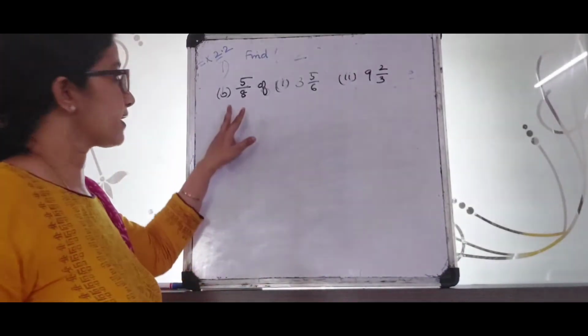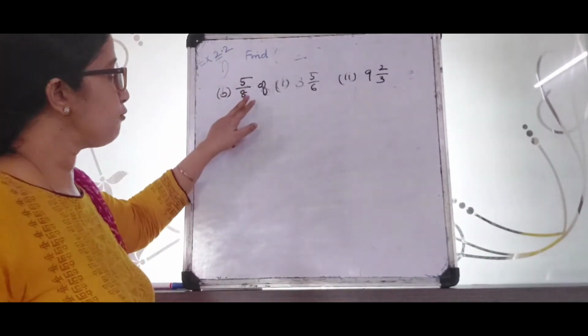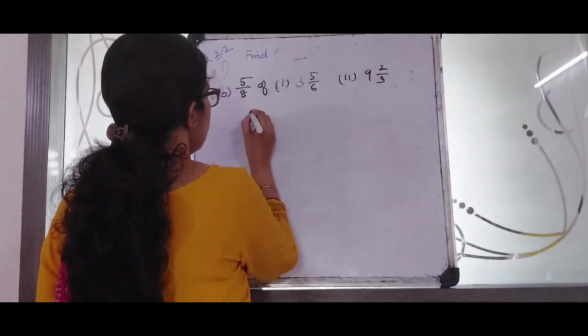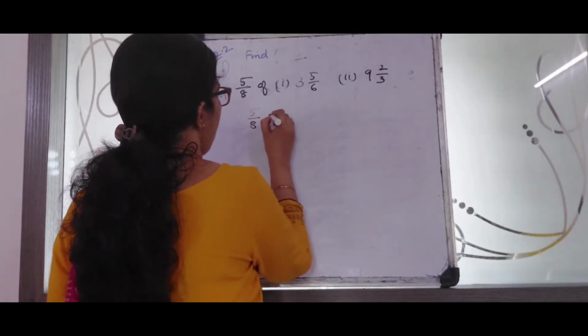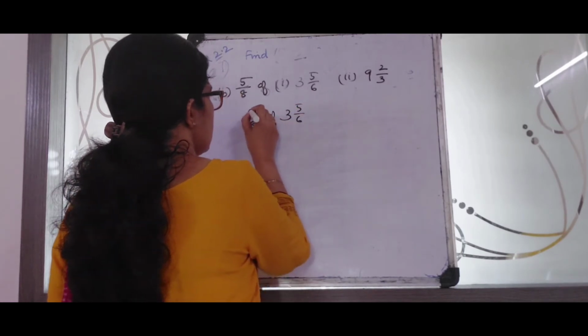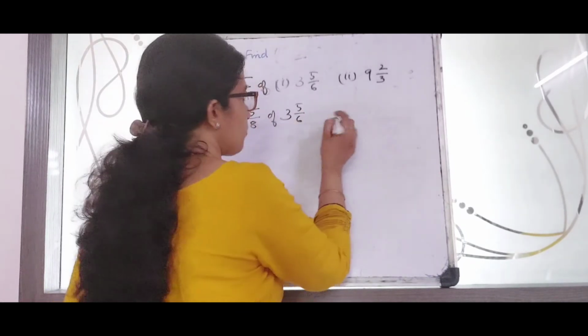Now let's go into the B part of the same problem 7. Okay? Find 5/8 of 3 5/6. How do we find 5/8 of 3 5/6? Okay? So as always, we have to convert this 3 5/6 into an improper fraction.